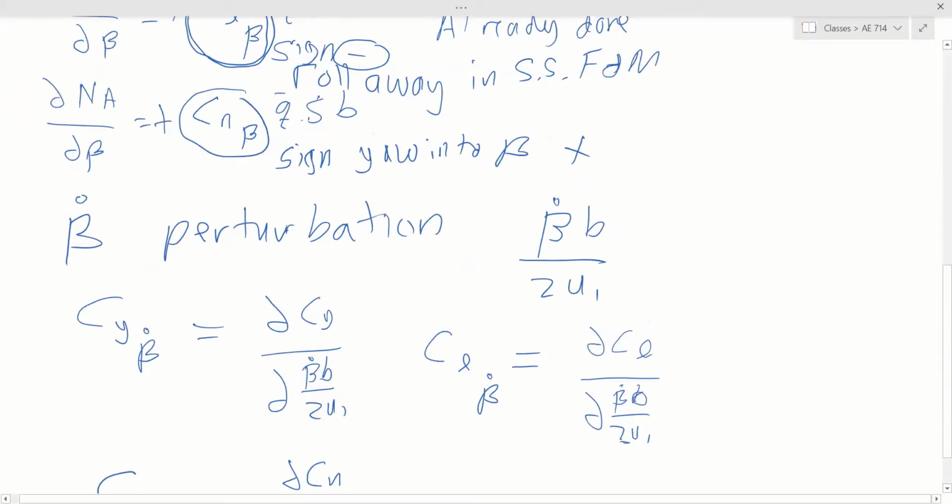Sorry, for me, up is down and down is up. Are we good? Anybody else on Zoom still working?